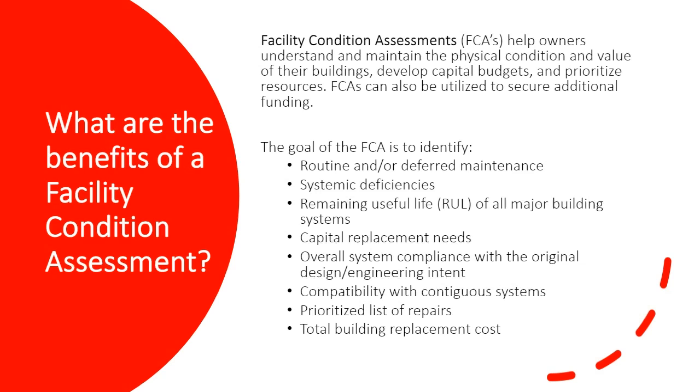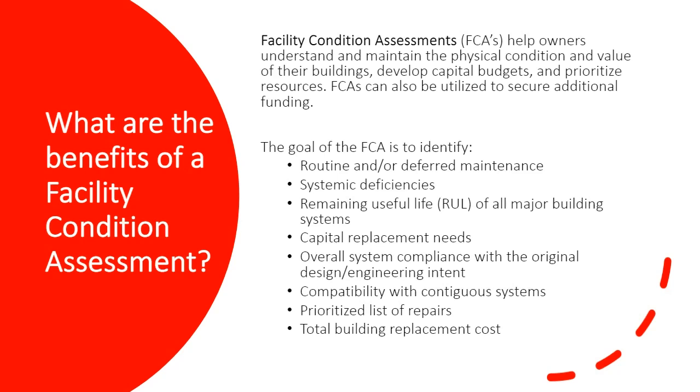But you've also got systemic deficiencies within equipment, okay, and within your different buildings. There's different things that are failing. There's different things that aren't operating at top performance. But what is also the remaining useful life of those building systems? Not just equipment, but the systems themselves.